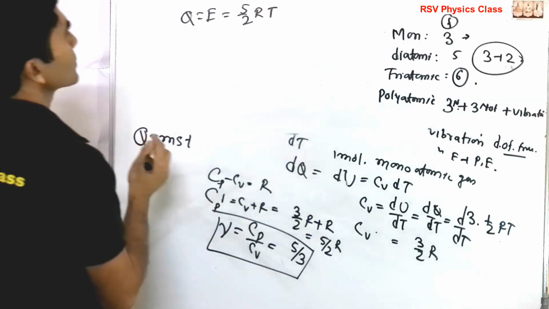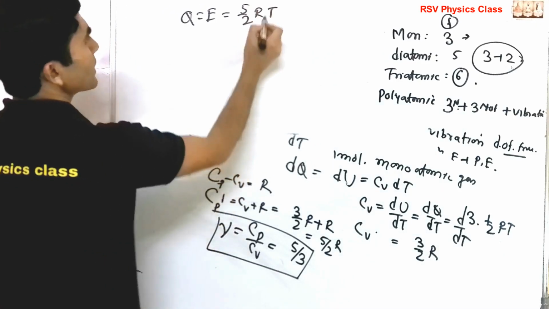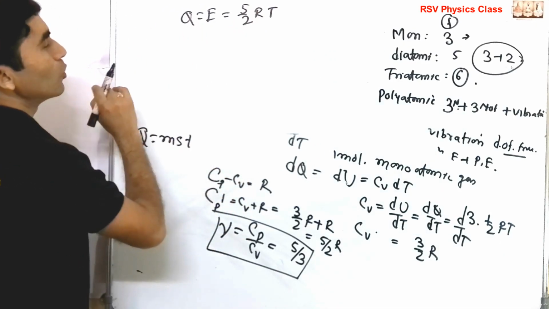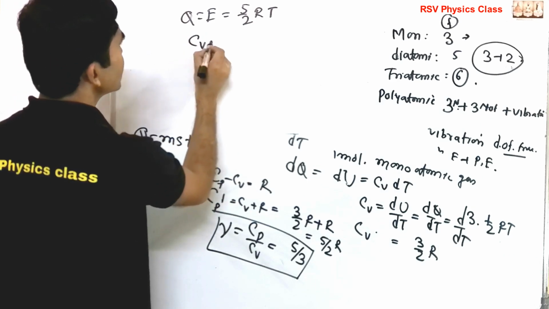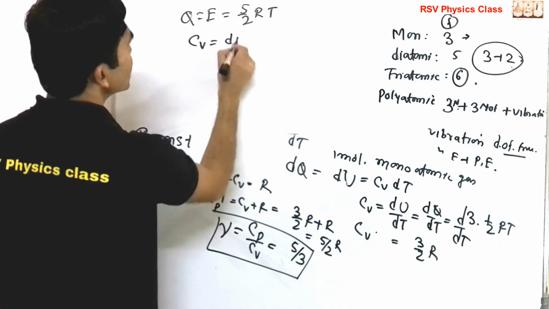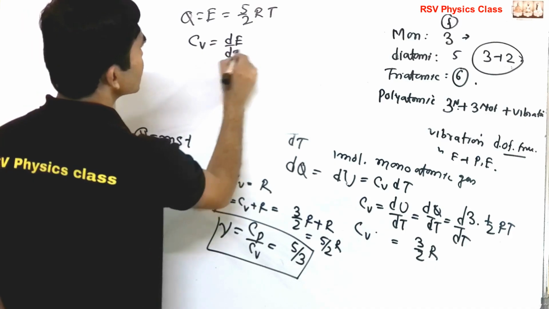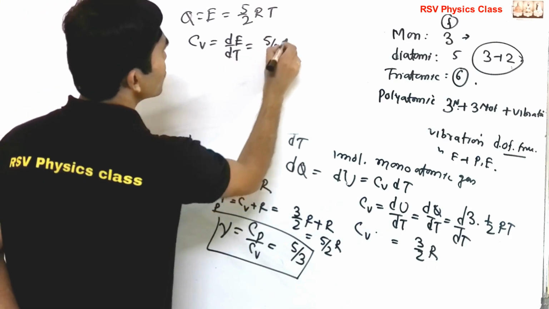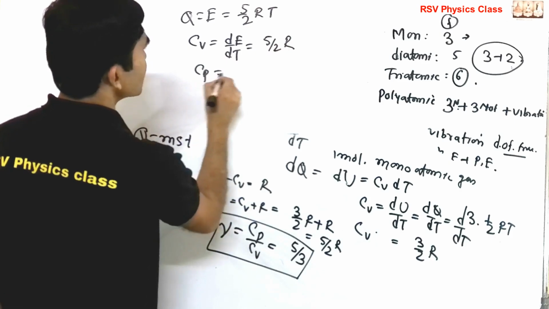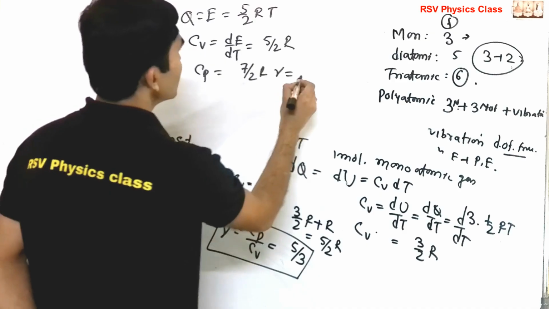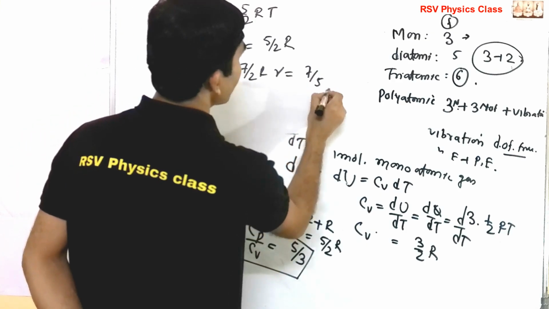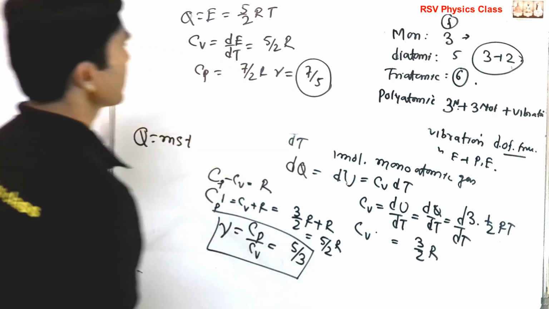So total degrees of freedom n, this is for n number of molecules, this is for per mole. Okay, now your Cv equals dE or dQ by dT equals 5 by 2 R, and Cp equals 7 by 2 R, gamma equals 7 by 5. Okay.